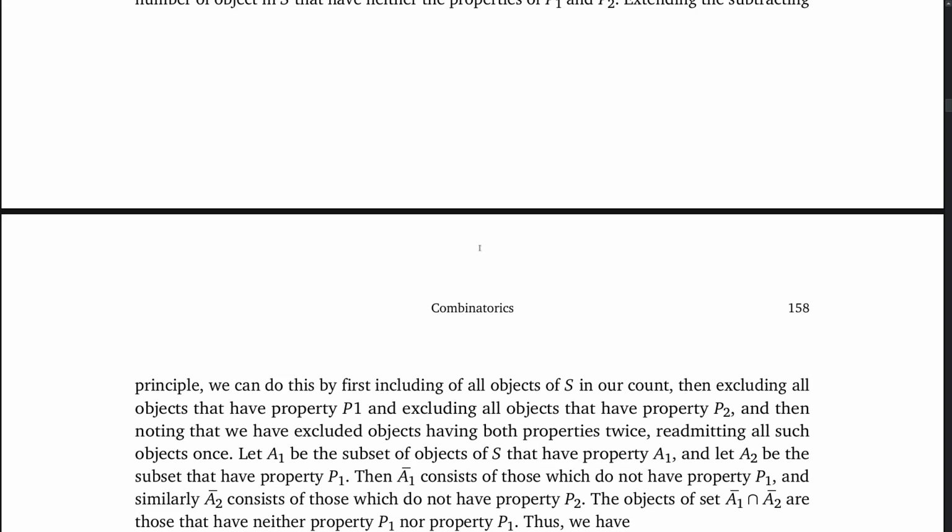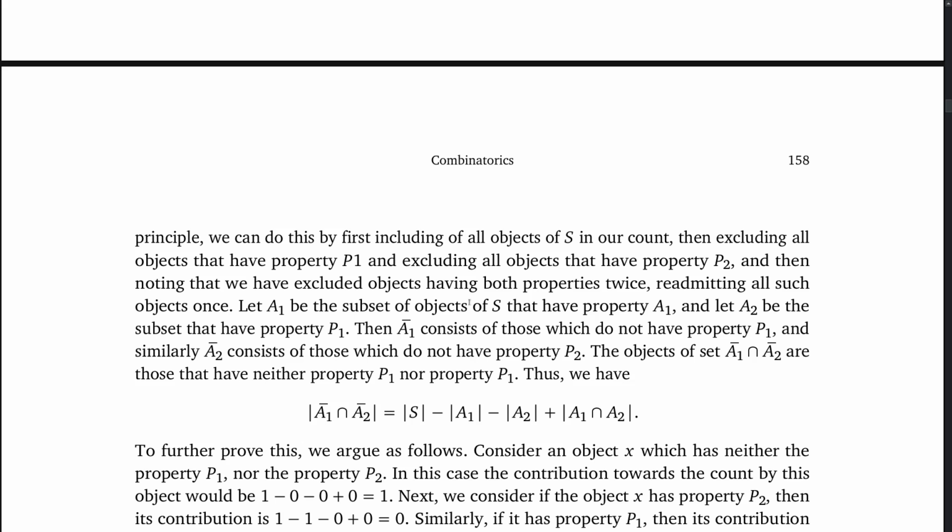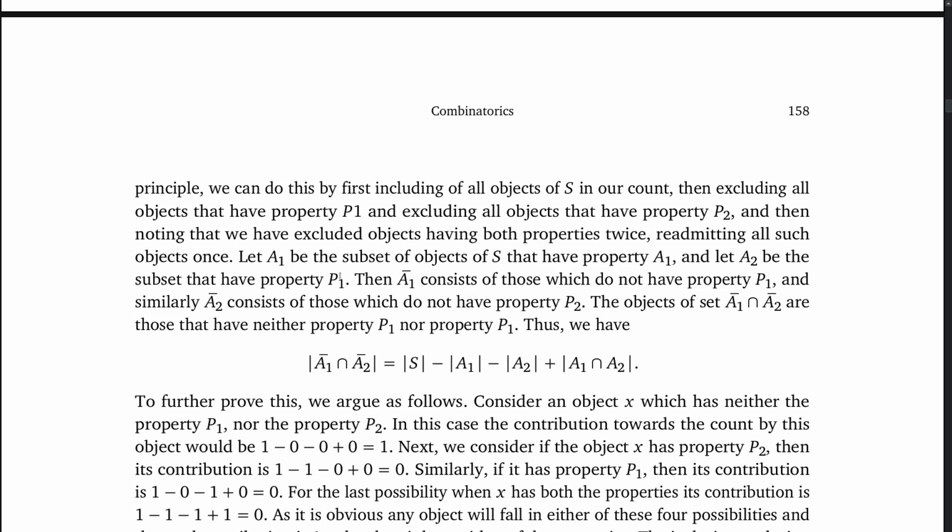Extending the subtraction principle, we can do this by including all of the objects of S in our count, then excluding all objects that have property P1 and excluding all objects that have property P2, and then noting that we have excluded objects having both properties twice, readmitting all such objects once.